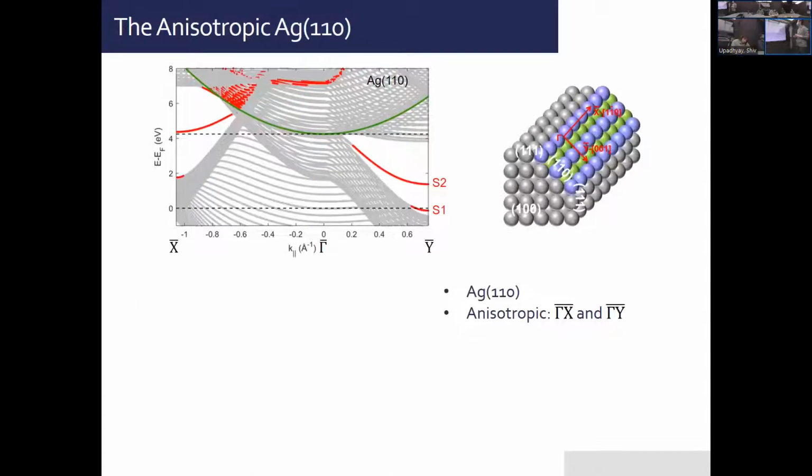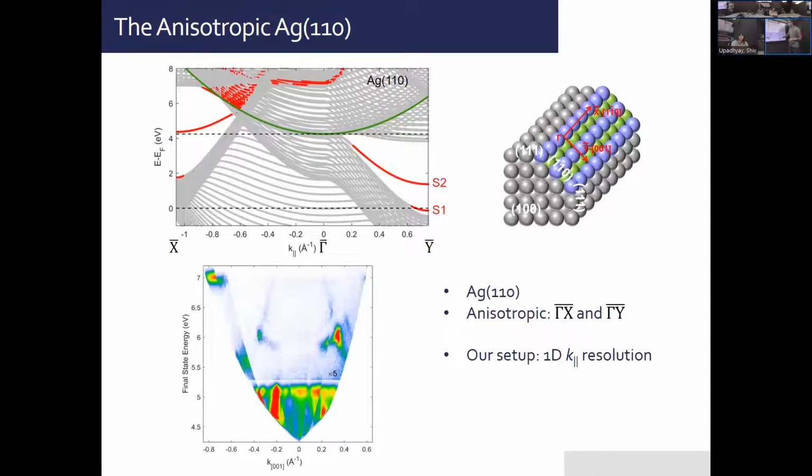However, there's another point, which is the anisotropy of the silver 110 surface. As I have already said, silver 110 is largely anisotropic in different K directions. However, our setup only has one-dimensional resolution, so we can only measure the energy spectrum along one K direction at a time, which is very inconvenient.